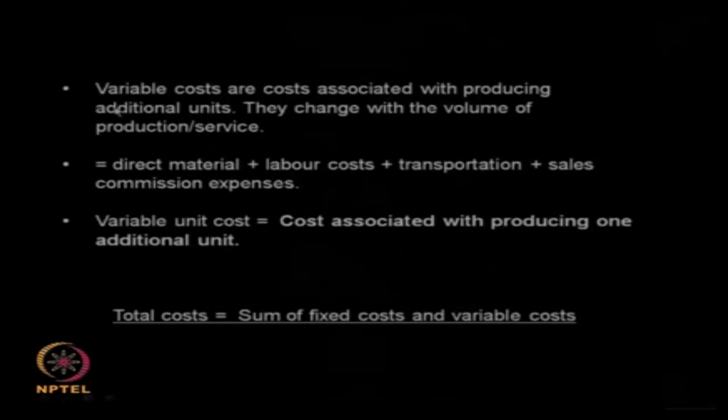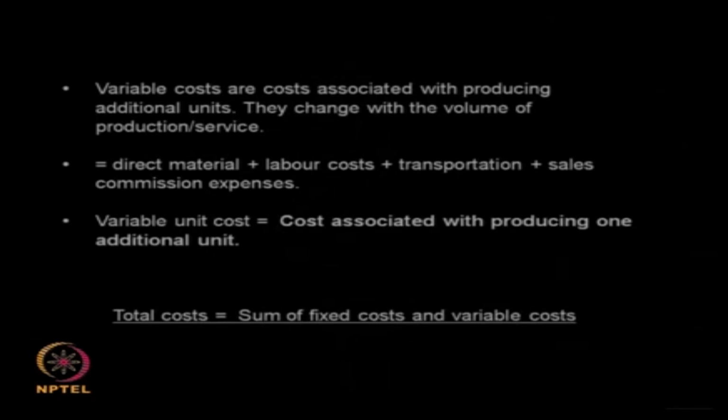Analogous to fixed cost, we have something called the variable cost. Variable cost depends upon the amount of material I produce. Today if I make 100 tons, variable cost will be something, and tomorrow if I make 125 tons, the variable cost will be more than what I have to spend for 100 tons. If the day after tomorrow I make 80 tons, then my variable cost will be less.